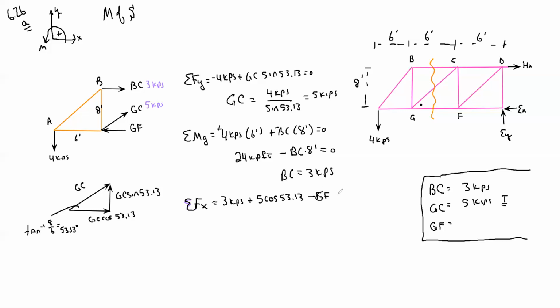That's it, 3 of them. All right, solving for GF, I get 6 kips. Oh, we forgot to discuss compression or tension. BC is in tension and GF is in compression. There we go. Sorry about that.